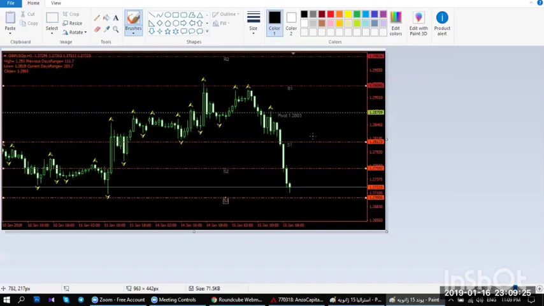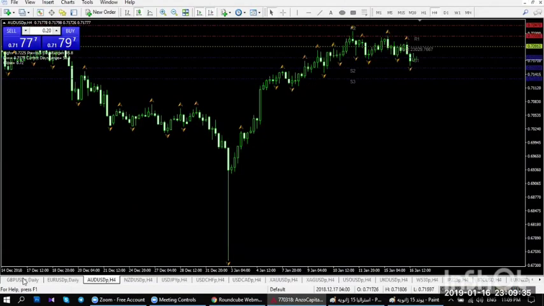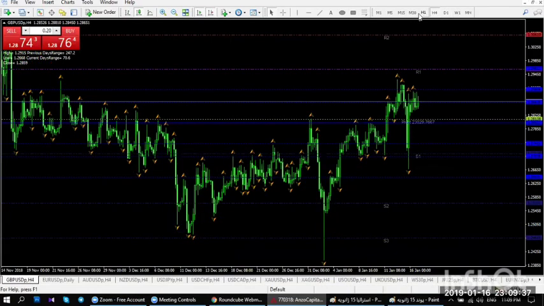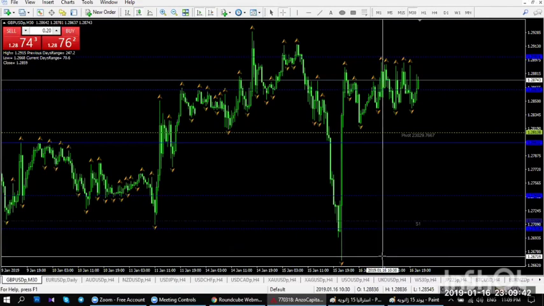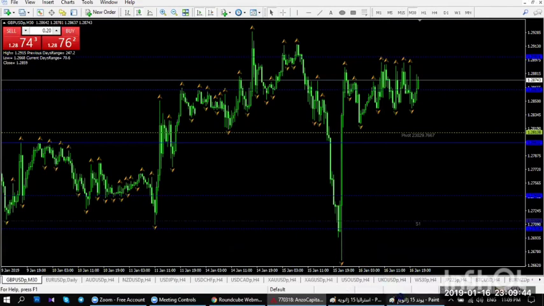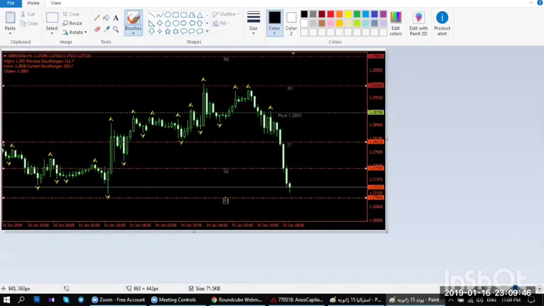Let me look at your second photo. So this is the CHF chart. This is for yesterday, right? Yes. Okay, so it was up to the price 1.26719, and my third pivot was broken.